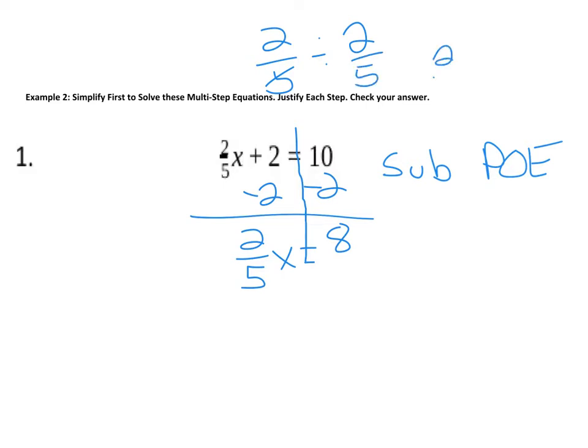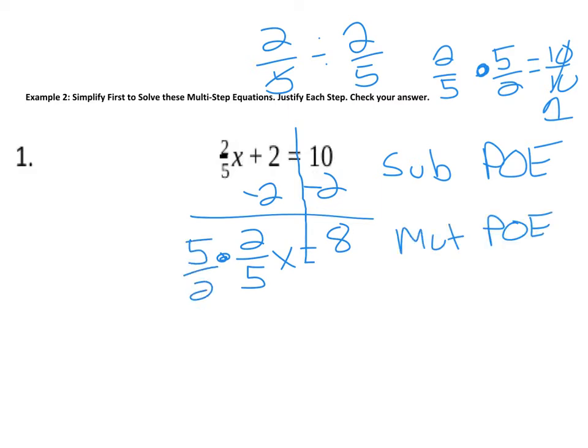Remember when we talked on Thursday, that is really just multiplying by the reciprocal, so that these fractions essentially reduce down to a 1. So when we solve this problem, let's multiply by 5/2 and solve. That allows those to reduce to a 1x.